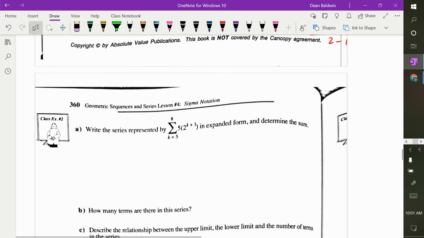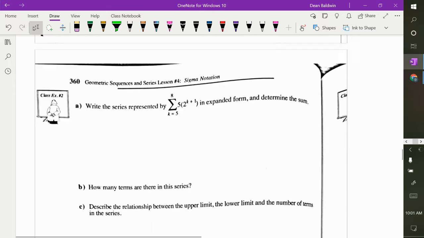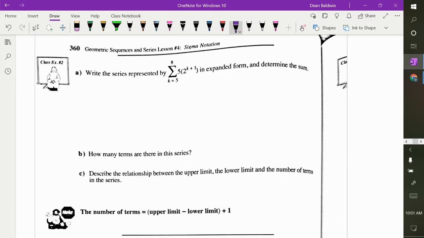All right. So your k value or your i value or your n value, your lower limit, does not have to be 1. It can start at a different number. In this case, it starts at 5. So if we're going to write this in expanded form, you start by putting 5 in. So we're going to get 5 times 2, and if I put 5 into the exponent here, what's 5 plus 1? 6.